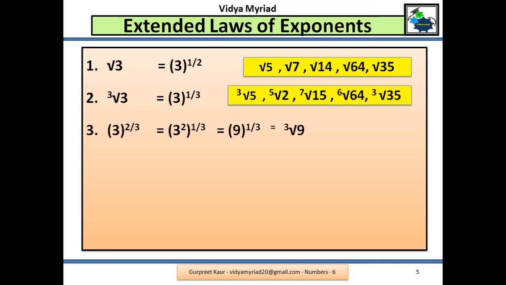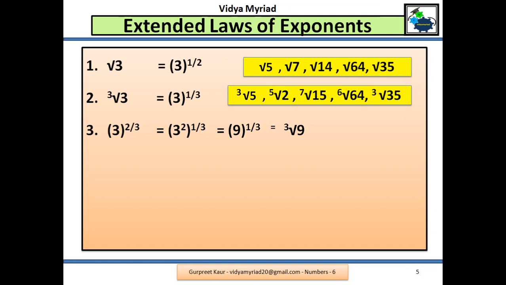Next example, now here you have given 3 raised to power 2 by 3. Now how will I convert this? This will be converted into simplified form. Now I will split this fraction to make it clearer. It means I can write this as 3 raised to power 2, in bracket 1 by 3. Now what is 3 into 3? 9.